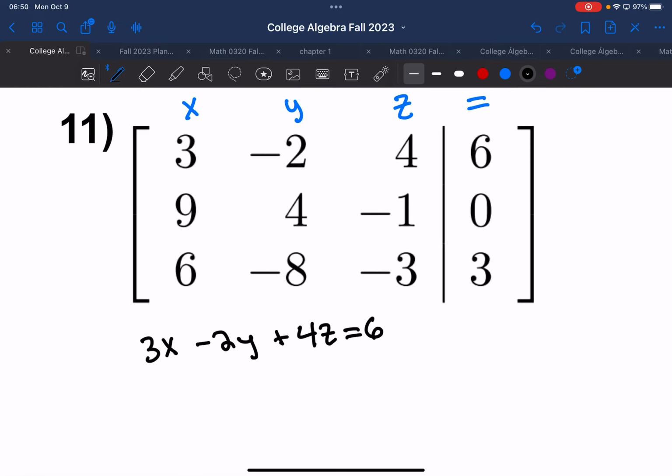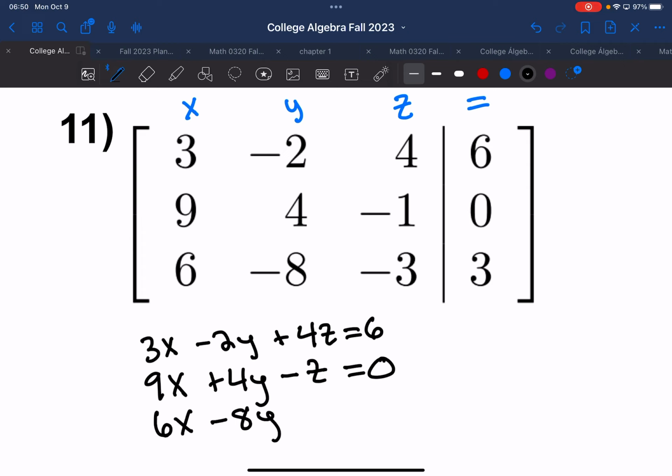So then for the next one, you should get 9x plus 4y minus z equals 0. I don't need to put minus 1z. Minus z is the same. And lastly, you have 6x minus 8y minus 3z is equal to 3.